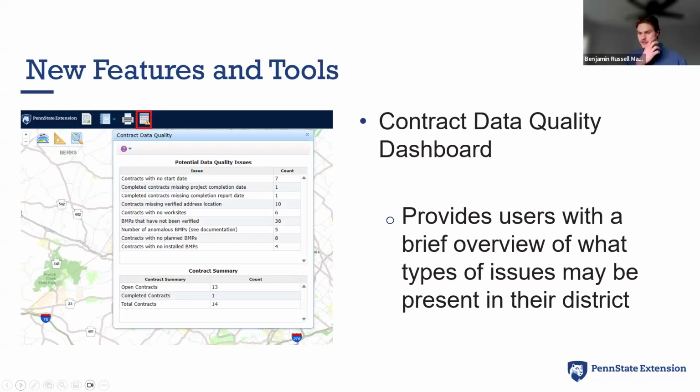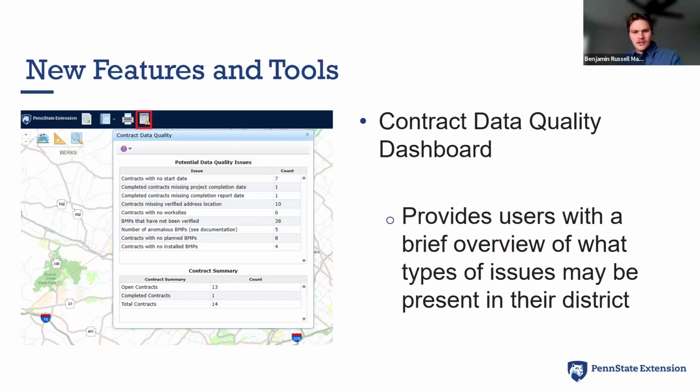So the first new feature of this ACAP data validity strategy is what we're calling the data quality dashboard. You'll see it in the top left of the ACAP GIS reporting tool on the same toolbar where you open up your contracts list or open up a quarterly report. You'll see that new calculator icon in the top left that's highlighted in red.